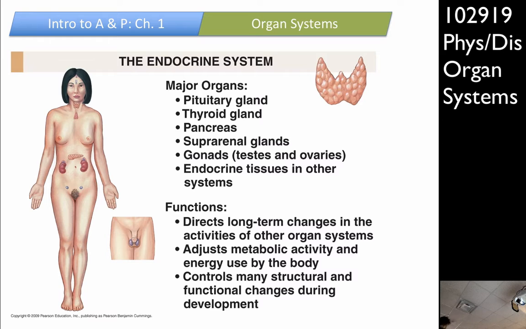The endocrine system is a really good system to follow up the nervous system with, because it's also a control system, but it's a chemical one. So it's a bit of a hard organ system for students to wrap their mind around, because it's not spatially clustered.